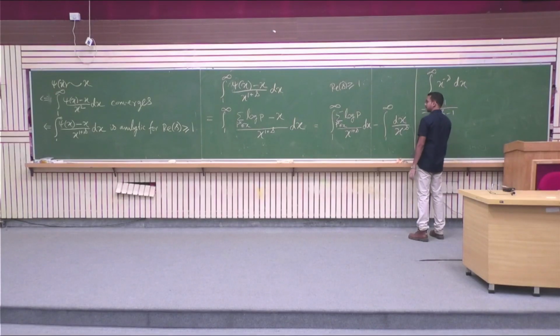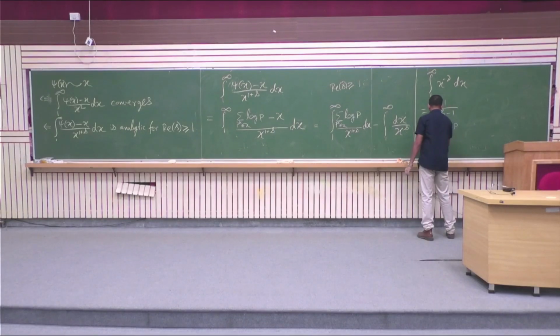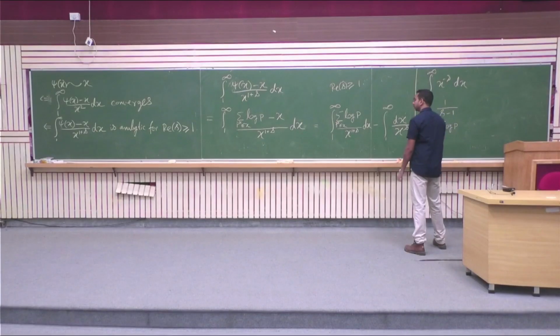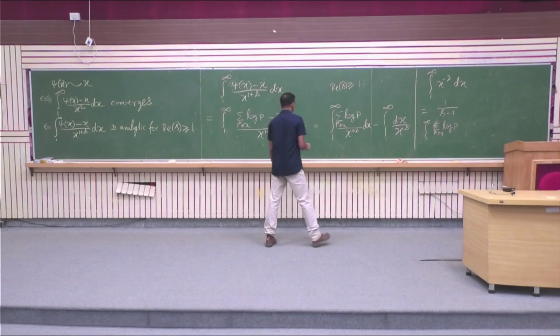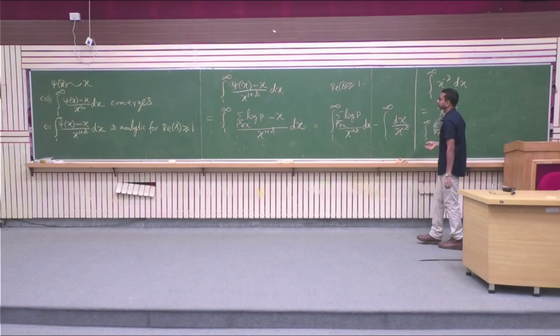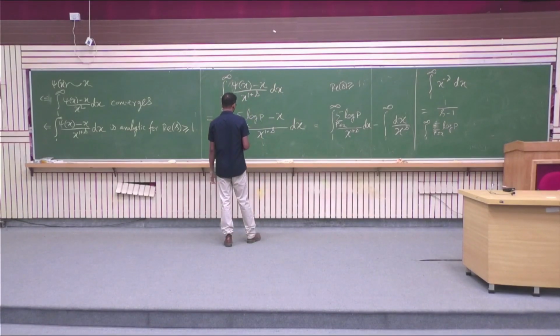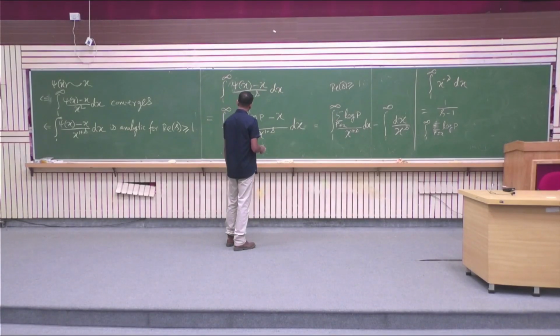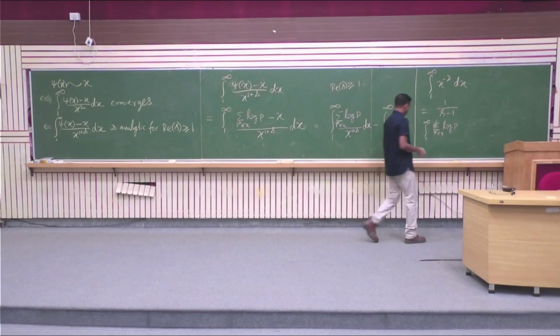So there is the sum over log p, p^k less than or equal to x. Now at the bottom there is x power 1 plus s, right? So what are you integrating here?